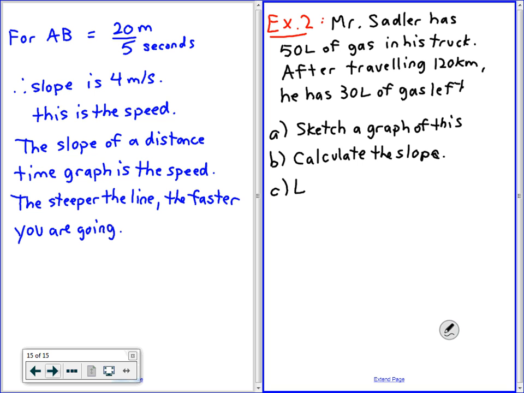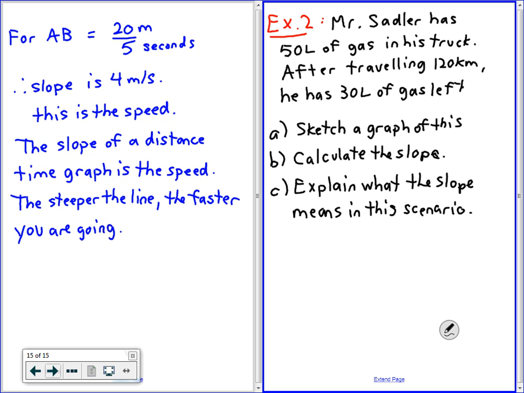And C, explain what the slope means in the scenario. Okay, I'm going to pause the video. When we come back, you guys will have A and B done. I will take you through number C.